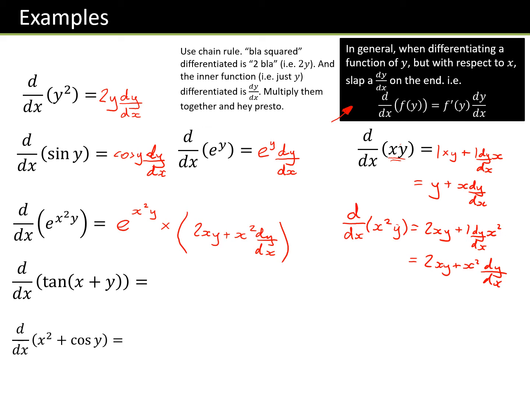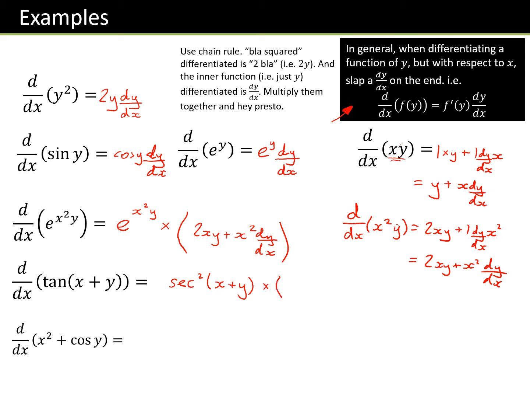Okay, carrying on. Tan of x plus y. Again, you've got a function within a function. X plus y is all in tan. So imagine if this was just x. Tan of x differentiated, well, tan differentiated is sec squared. So this will become sec squared of x plus y. But because this isn't just x, we need to multiply by its differential.